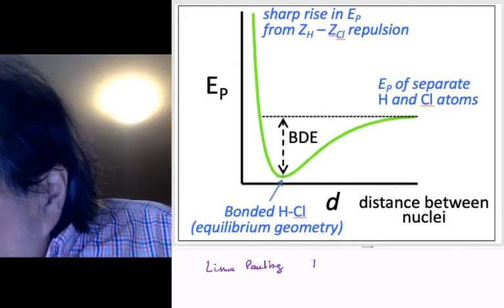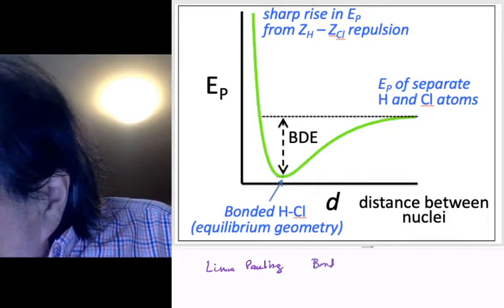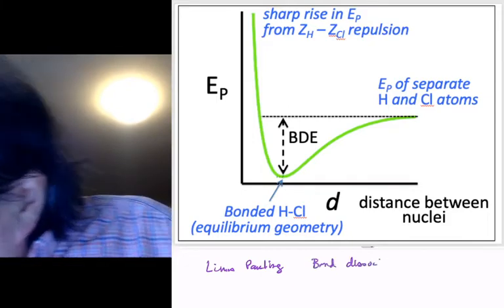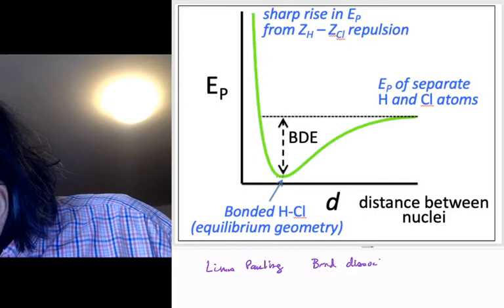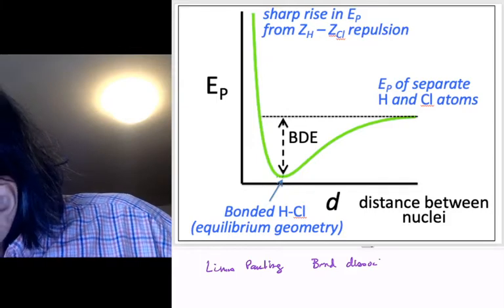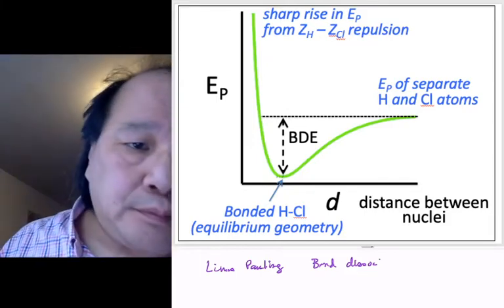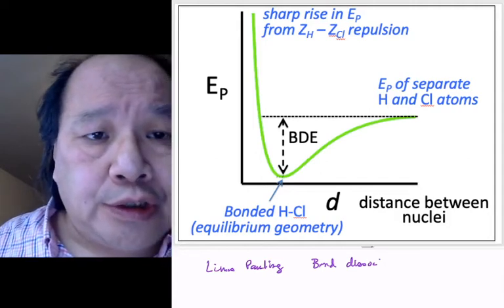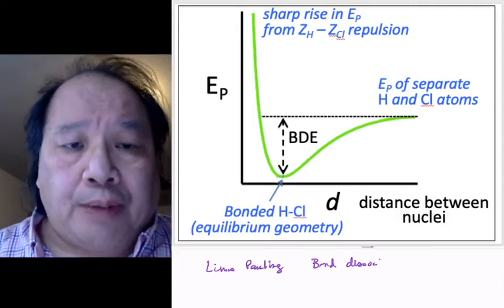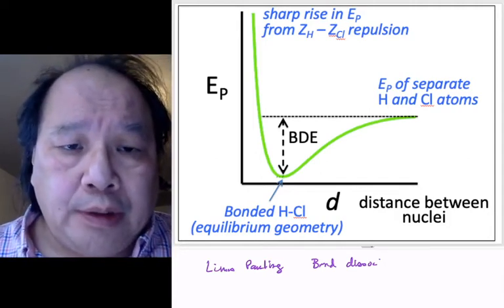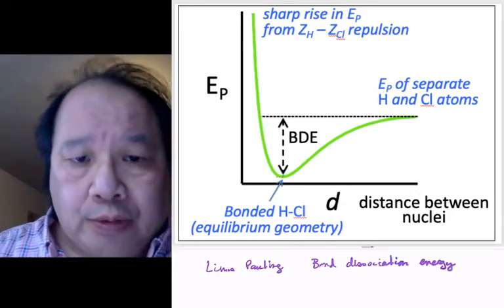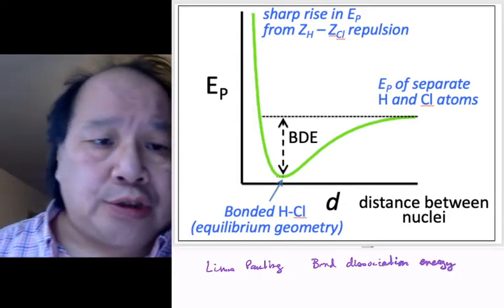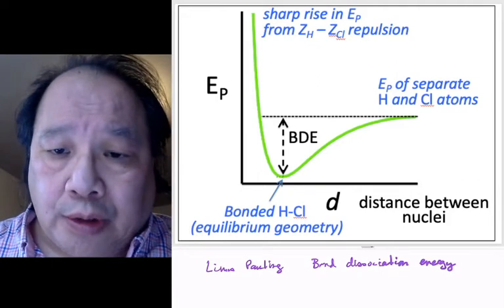BDE stands for bond dissociation energy. And finally, at very short distances, the atoms start repelling each other, going up. So that's the classic picture, and we're going to need this BDE, the bond dissociation energy, to understand Pauling's work.